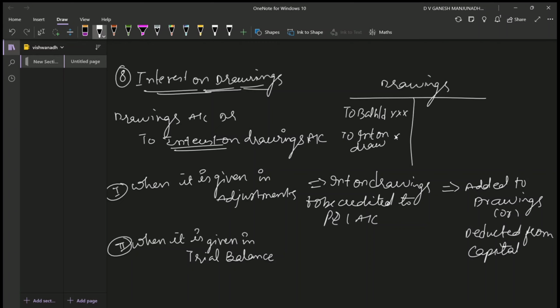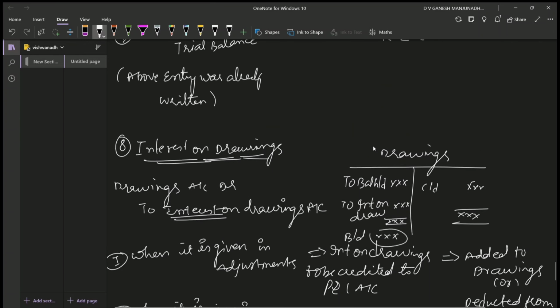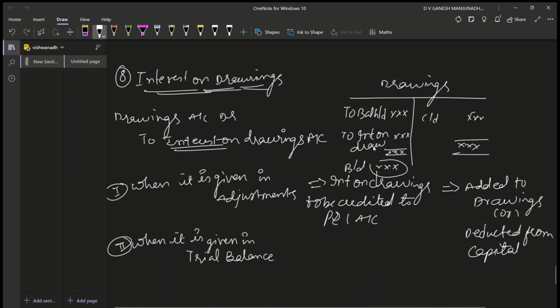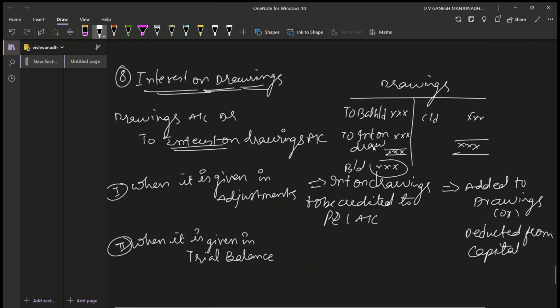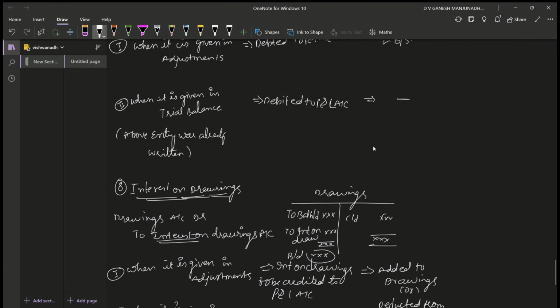This is written here like this, and carried on balance would be total balance, and brought down balance would be here. That means this balance is together with the interest and also the opening balance of drawings. So when it is given in trial balance, then there is no need of again adding back to the drawings or deducting from the capital. Simply it is to be shown as an expense. So that is not an expense, it is an income actually.